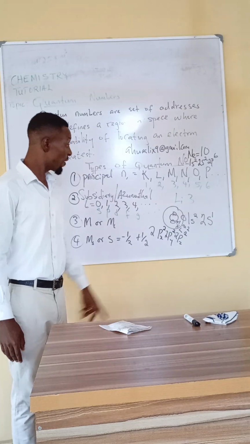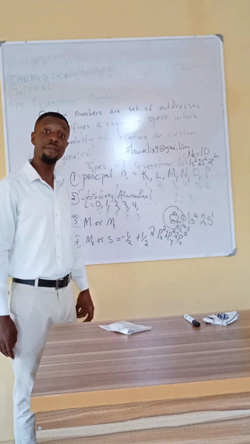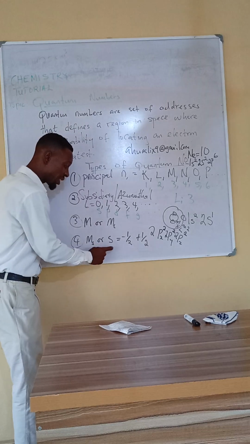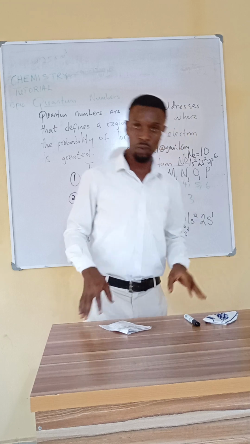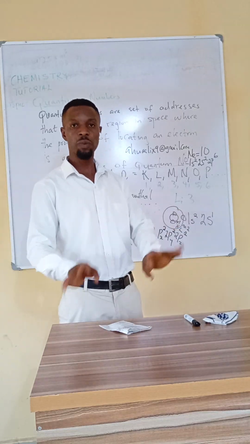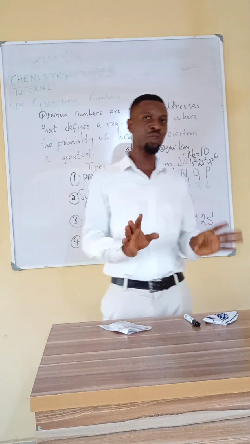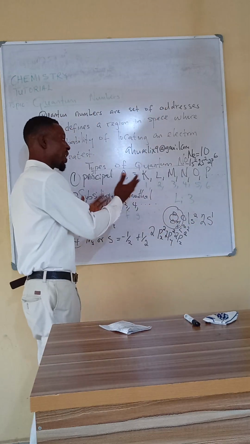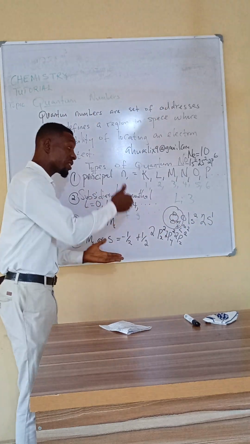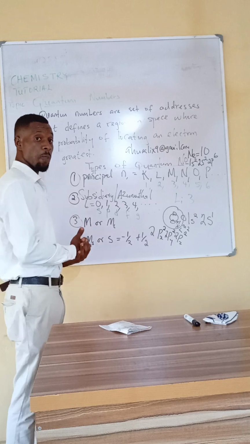It's impossible. Even if they are in the same orbital, they will not have all the same values. There will be a change at the spin quantum number because one will spin up and the other will spin down. So it is practically impossible for you to have that. Yes, it's a mathematical approach that helps us to understand the behaviors of these electrons inside an atom.